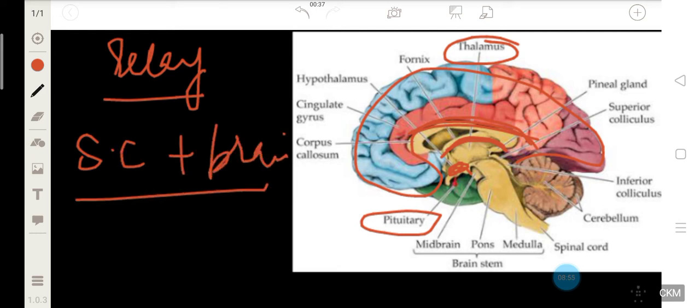It is used to interpret stimulations, and it is basically a coordination between the brain and the spinal cord.